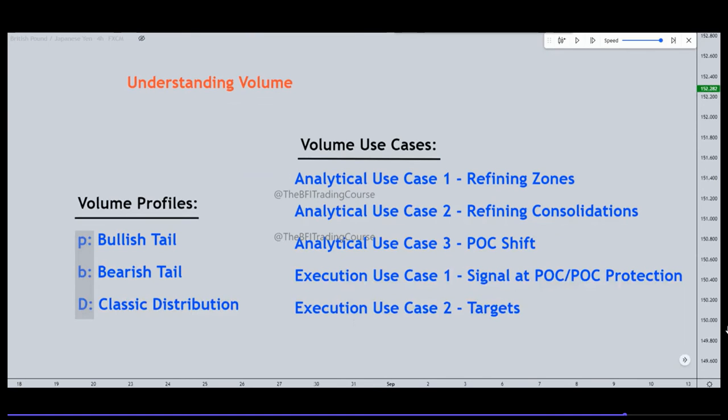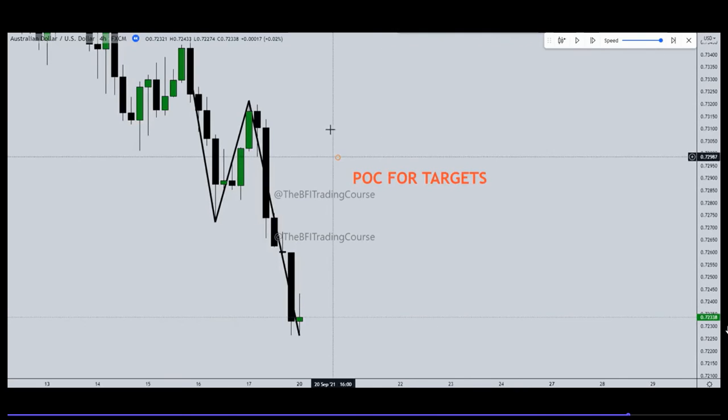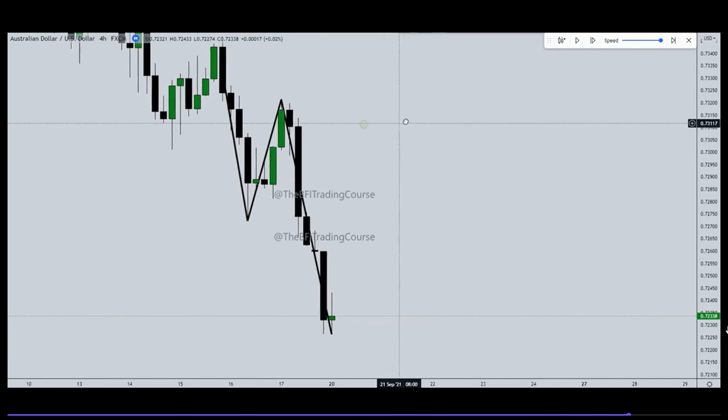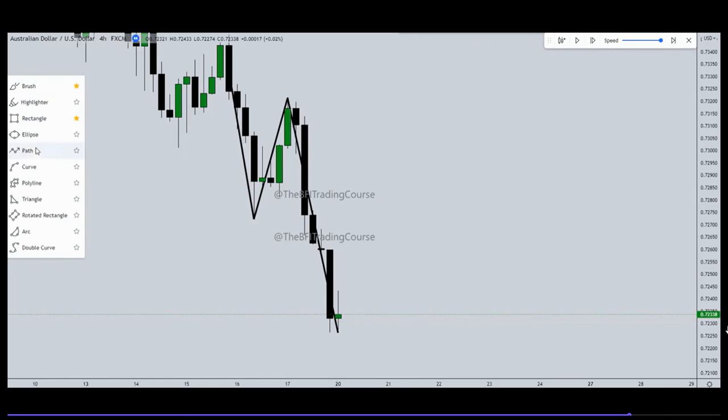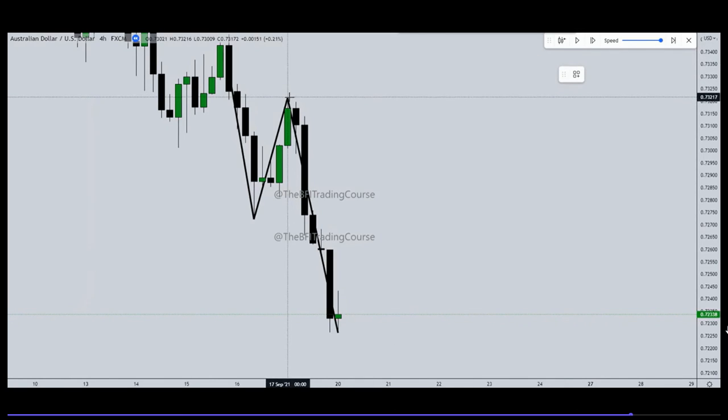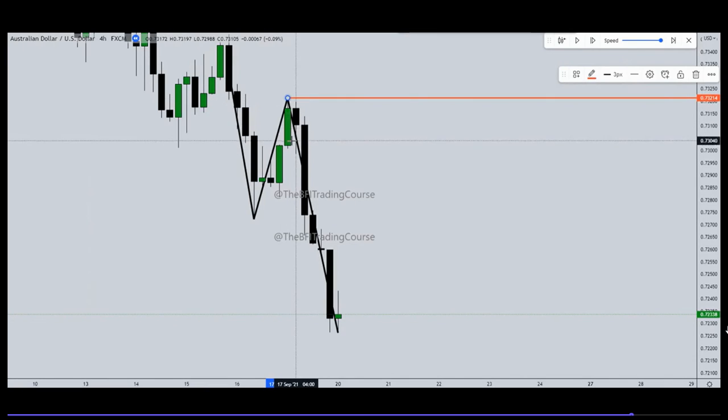Volume can be used in many ways. These are just a few of them. We can also use it for targets, which is, let's look at this zone. Is this a very strong zone? Not really.